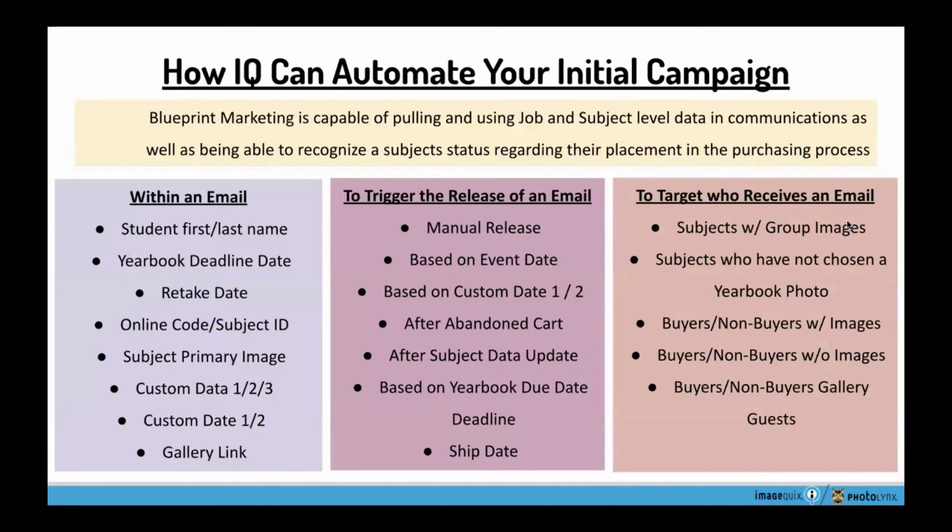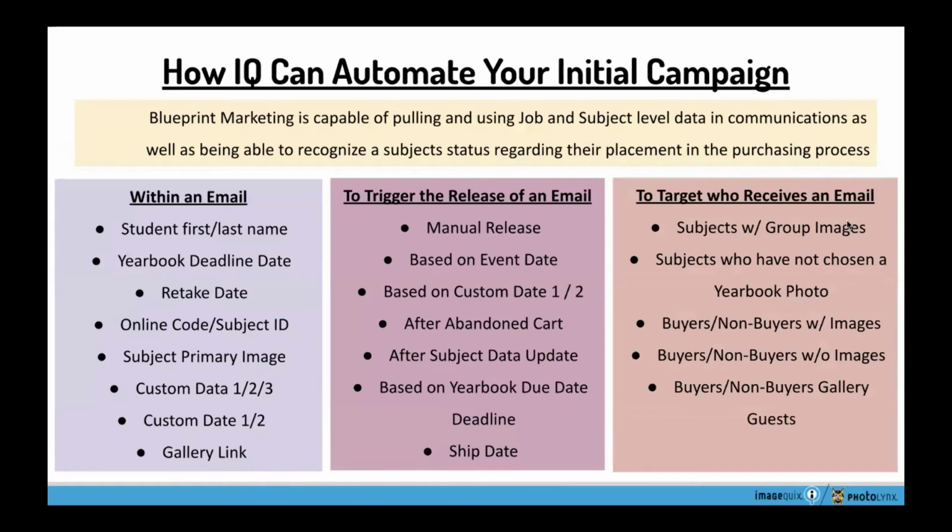Blueprint has the ability to pull loads of different kinds of data from your jobs, including at the subject level and at the job level. So data that we can put within your email includes students' first and last name. We can pull the yearbook deadline date, which is really handy. We can pull if you have a retake date or a makeup date.